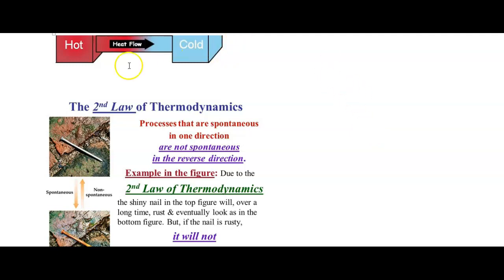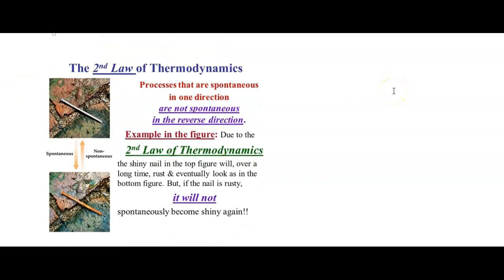Like cold is not going to move to hot. If you have a nail right here, shiny nail, it's going to get rusty. But that's not going to just spontaneously become unrusty unless you do something. You need to do something to shine it up. But it will not spontaneously become shiny again.